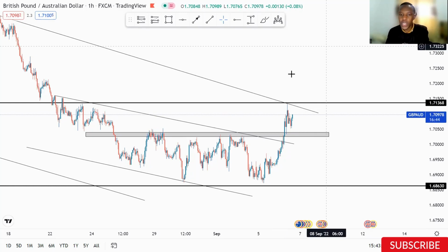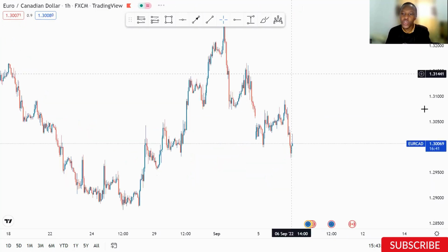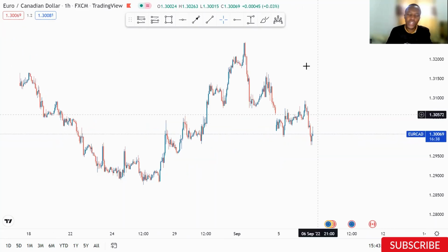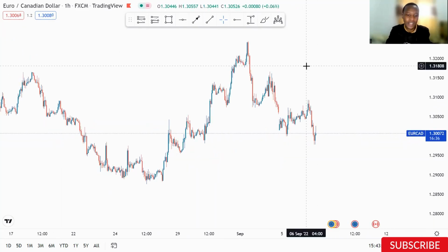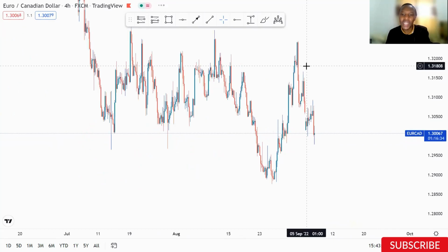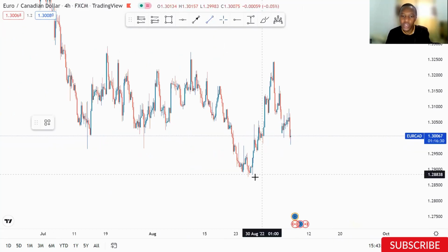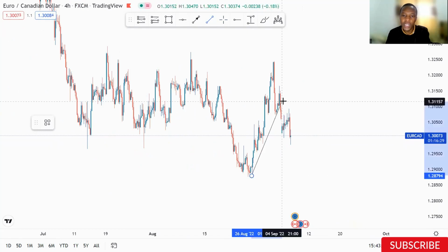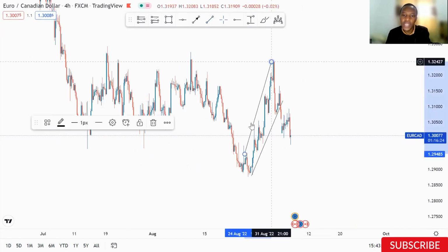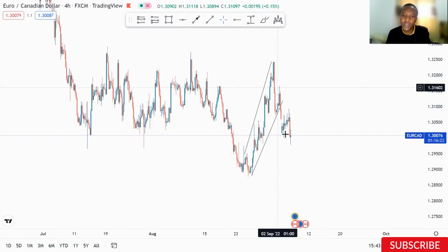So moving forward now to EURCAD. On EURCAD, I can even analyze here, because sometimes, guys, you can find everything on a single time frame. If you look at EURCAD, you would see that the market had this impulsive move and this correction, and then gave us a head and shoulders over there, breakout, retest.